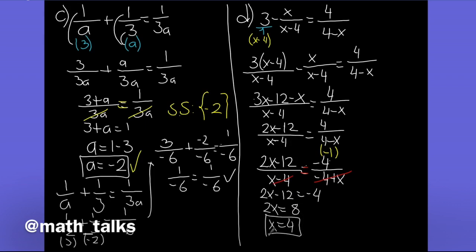Now we will check: is it satisfied or not? So 3 minus 4 over x minus 4. Just here, the short way is to take the value of x which you find in the end and substitute it into your denominator. 4 over 4 minus 4.